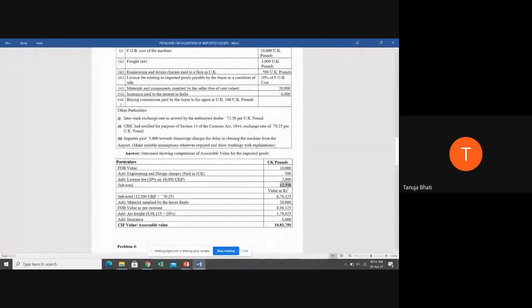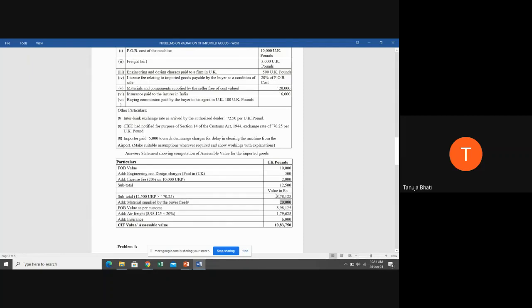Now convert this 12,500 into rupees using the exchange rate as notified by CBIC, that is 70.25. So 12,500 into 70.25, you got the value in rupees as 8,78,125. Then to that you add the material supplied by the buyer free of cost, that is 20,000.